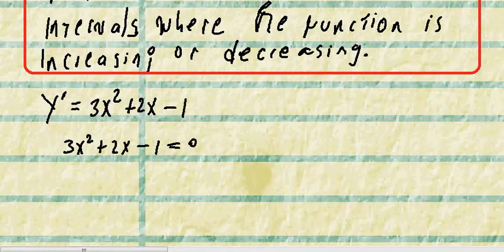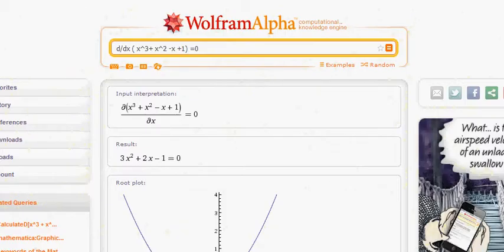Fortunately, we have Wolfram Alpha. So I'm going to go into Wolfram Alpha and ask it to find where the derivative of the function x cubed plus x squared minus x plus 1 equals 0.